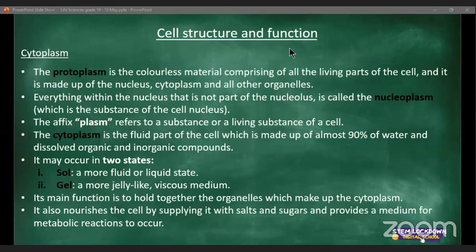So for plant cells, they have a regular shape. It means that you can tell that this is a triangle or a square or any other shape that you know of. But then for animal cells, you cannot tell what shape it is. So it is a shape you cannot name. It's just irregular.